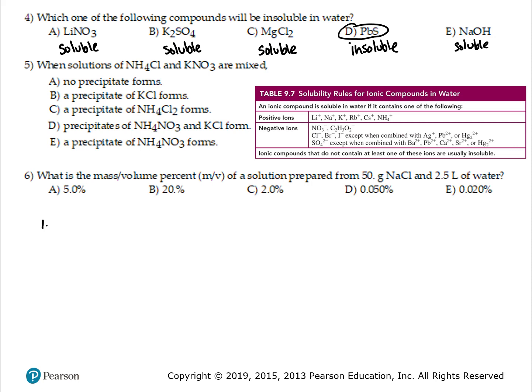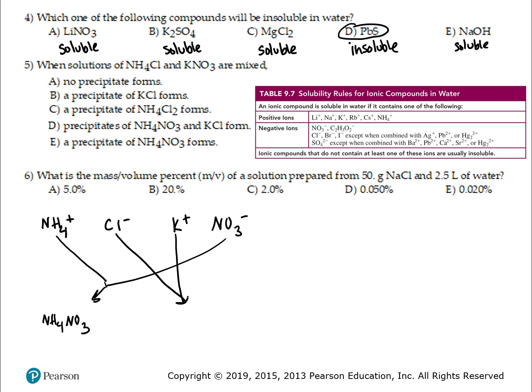So if we've got the ammonium ion, chloride ion, potassium, and nitrate, we're going to pair up these two, and we're also going to pair up these two. So that's a double replacement where you swap ions.